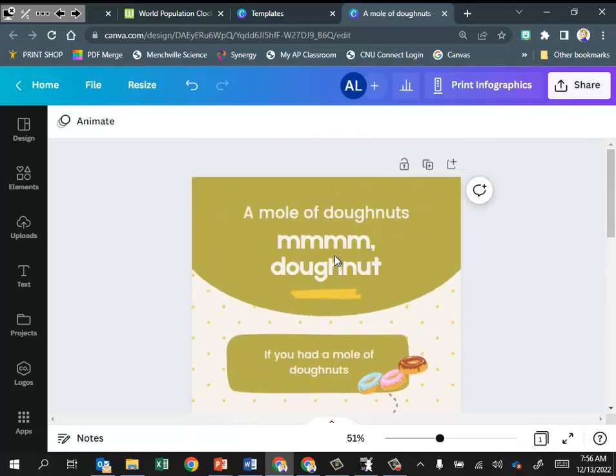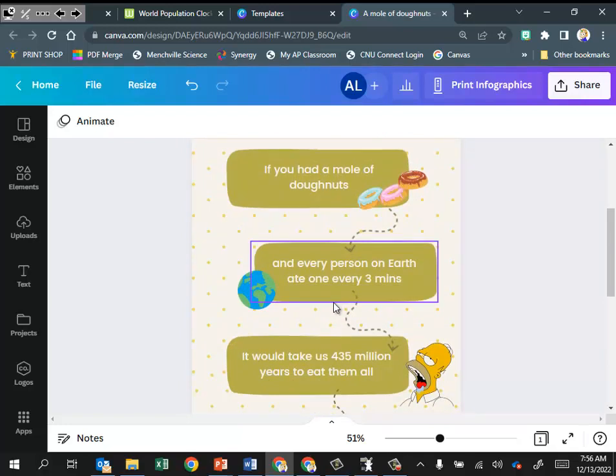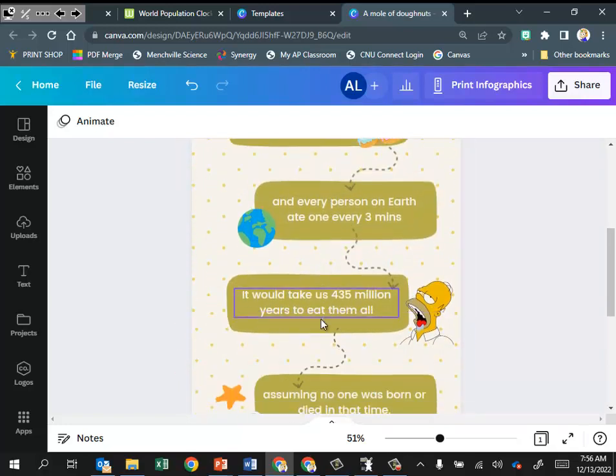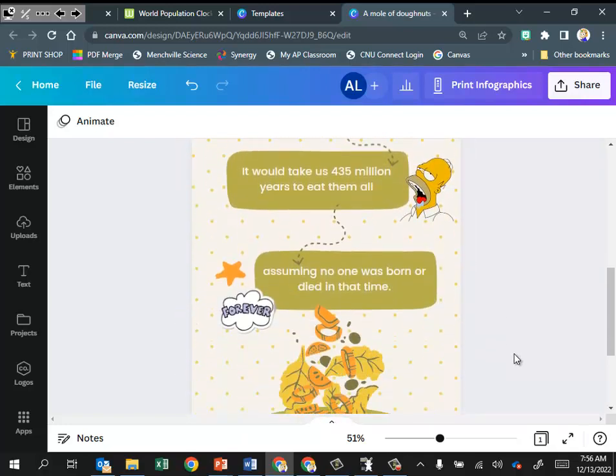Now, one of the things you'll notice on the rubric in Canvas is that you have to have some assumptions, right? Every person on Earth has to become constant in order for this math to work. If you are filling something like the ocean, you need to say, assuming the ocean is this volume, and while that hopefully does not change, if it did, it would ultimately change your project.